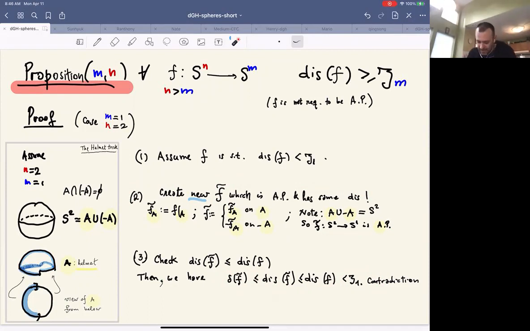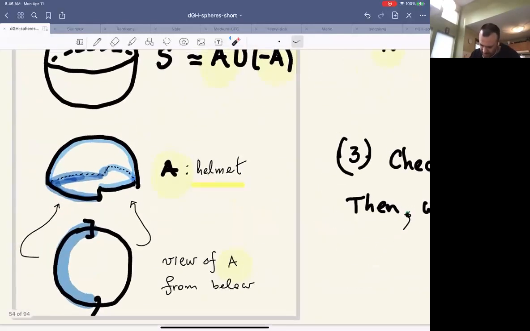The key part is, of course, how to antipolarize f. For that, we used the following thing we call a helmet trick. We decompose S2 as a union of two antipodal and disjoint sets, A and minus A. It's difficult to really draw it, but here's the way it looks.